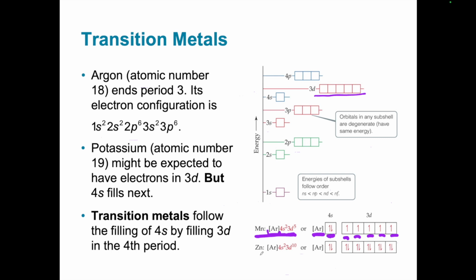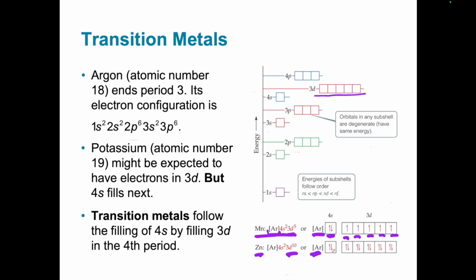And so if we go down to zinc here, which has 5 extra electrons than manganese, and again, this is a shortcut way. You can just put Ar there, and you don't have to write the entire electron configuration for all of argon and then do zinc.